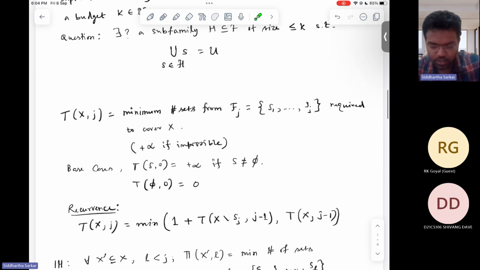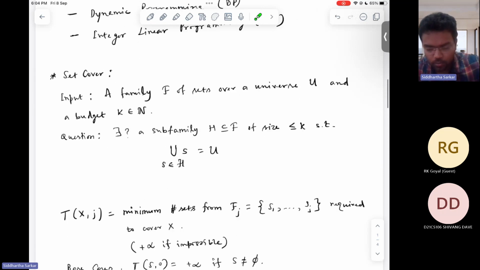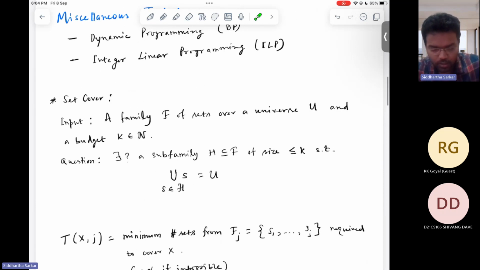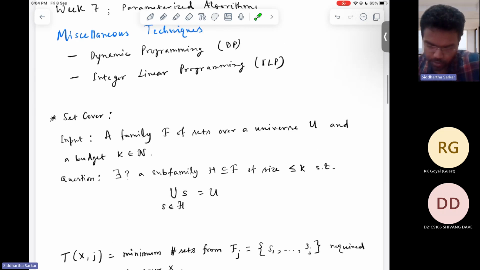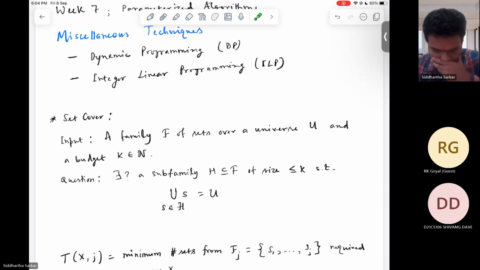If you have seen the videos and if you know how the recurrences of the dynamic programming are defined, then you will be able to understand what is going on. And even if you haven't seen the videos, I will give you some background on how the dynamic programming recursion is defined. So I think it wouldn't be a problem.